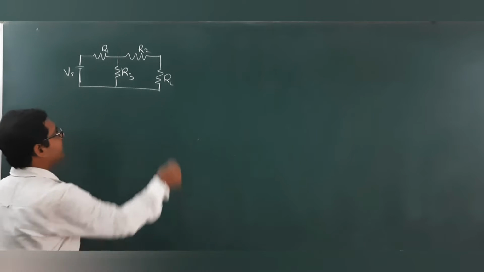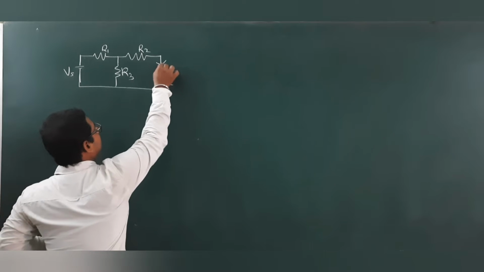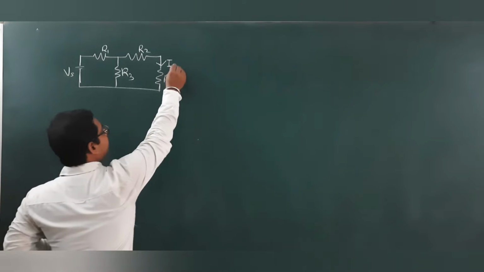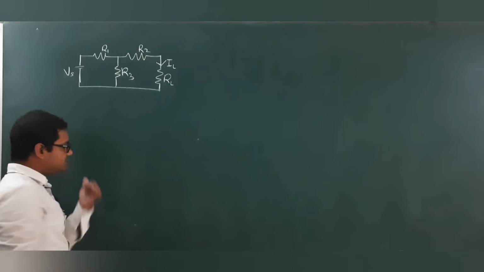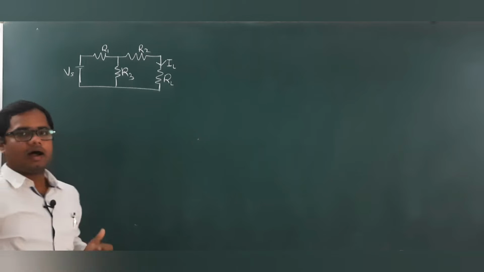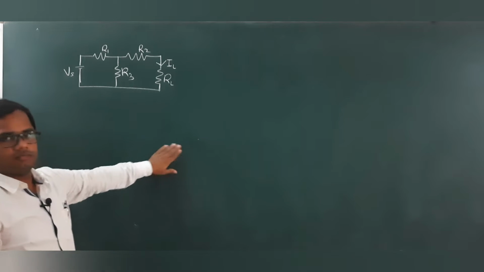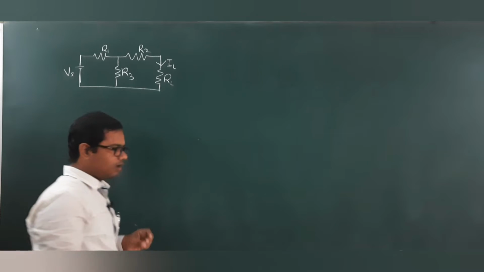That means we have to find the current through RL, and I say IL represents the current through RL.